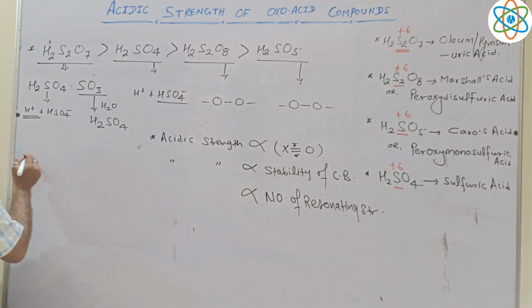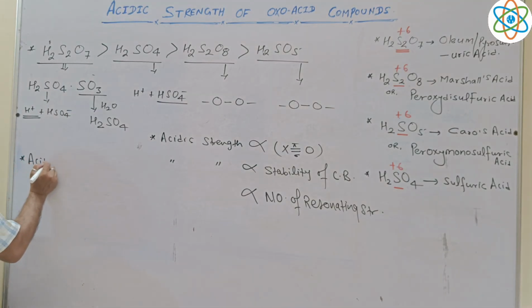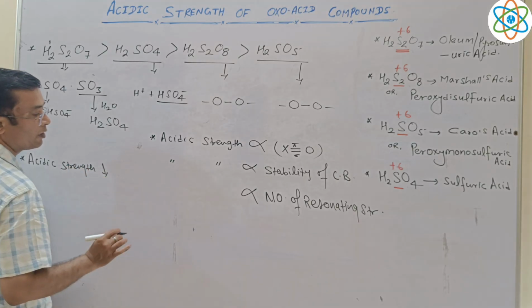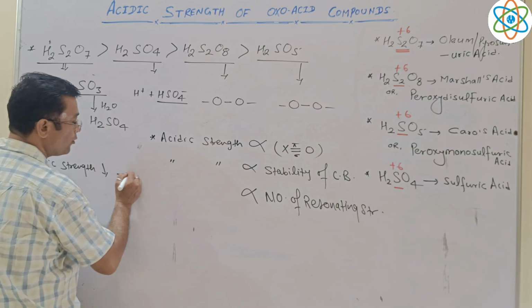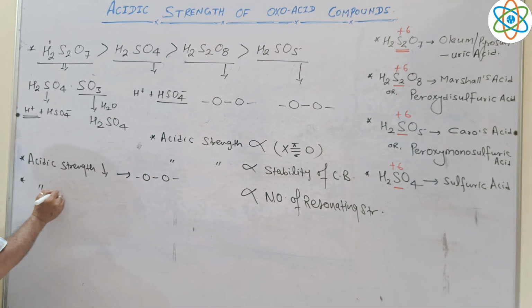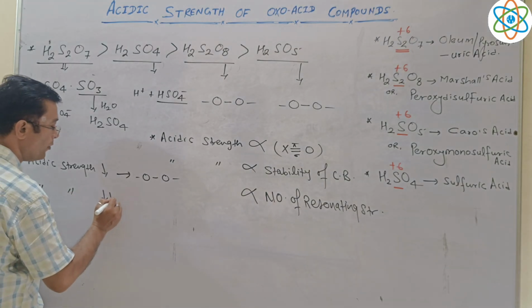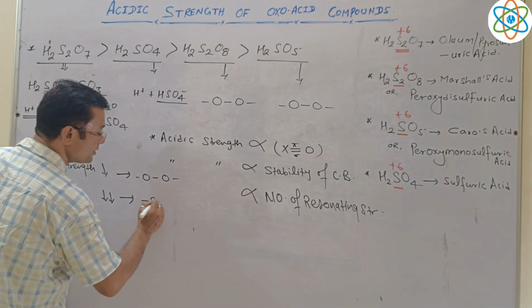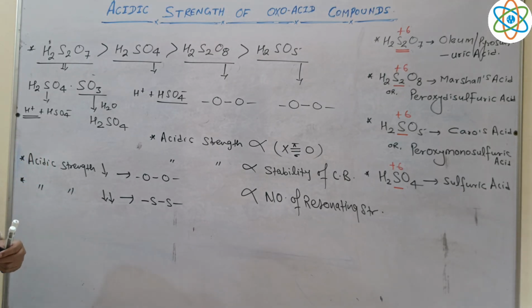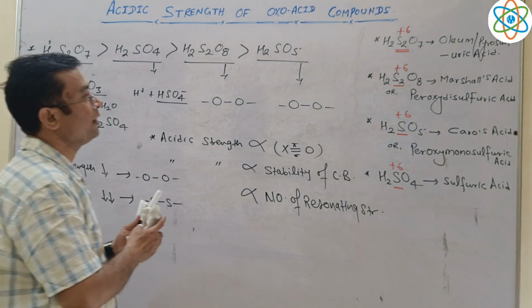Another important thing is that acidic strength decreases when a peroxide bond is present in a molecule. Acidic strength decreases more when a disulfide linkage is present in the molecule. I assume that you have properly understood the concept. Now I am going to make the structures of all these oxo-acid compounds. Therefore, stay in the video.